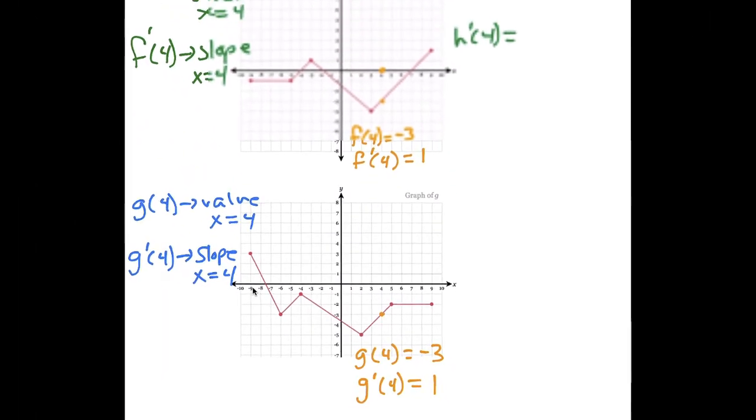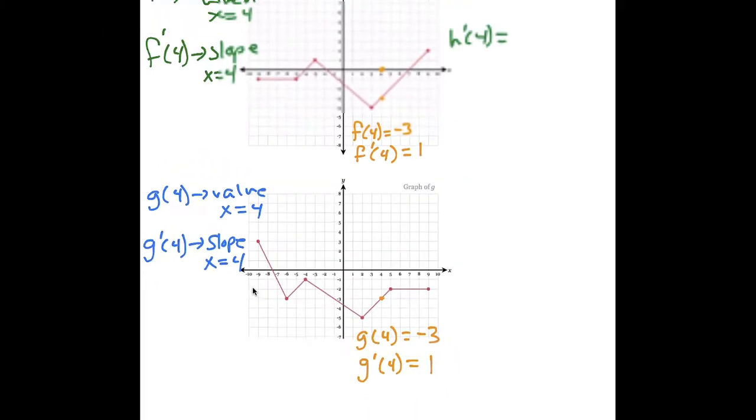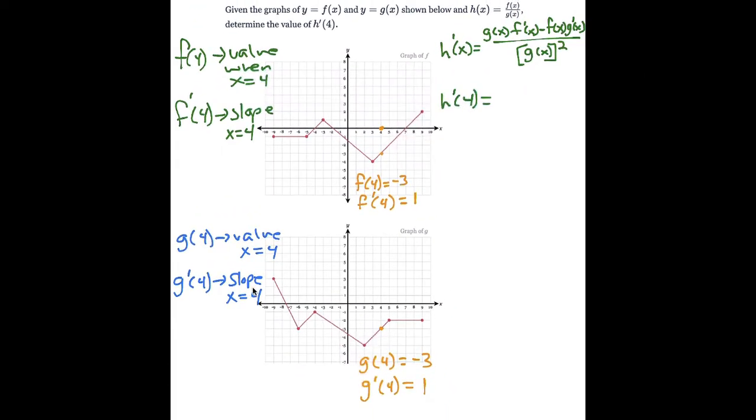So, when you're going through this and calculating the derivative, what you would have is g of 4, which is negative 3, times f prime of 4, which is 1, minus f of 4, which is negative 3, times g prime of 4, which is 1, all over g of 4, which is negative 3 squared.